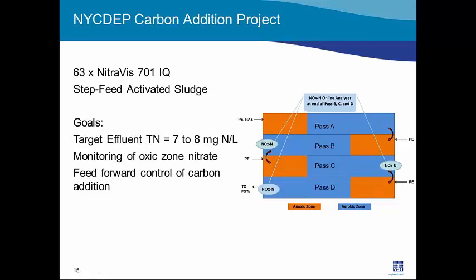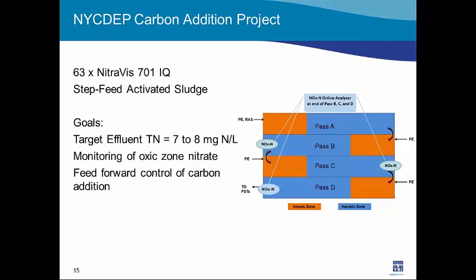Their goal is to achieve an effluent total nitrogen of 7 to 8 milligrams per liter, and their control strategy is novel. They monitor the nitrate in the oxic zone just before the following anoxic zone for feed-forward control of carbon addition.